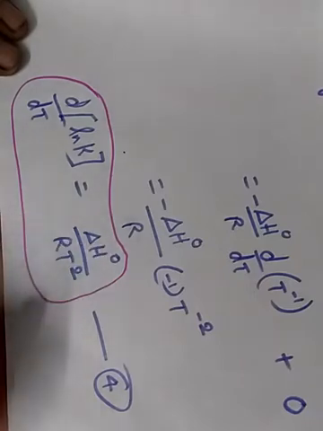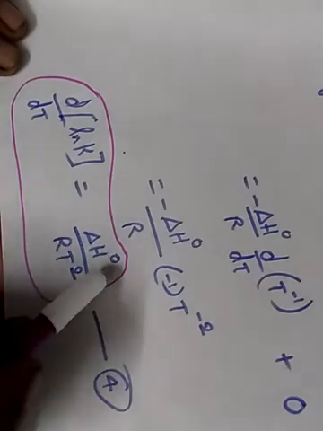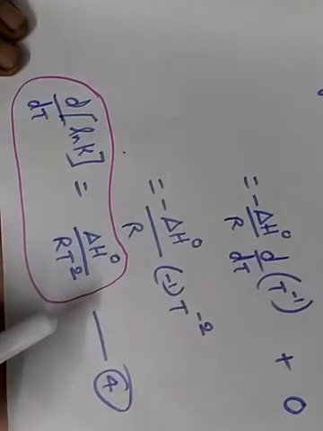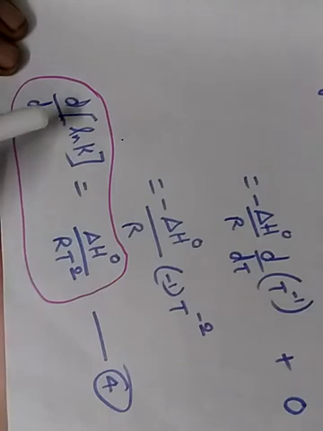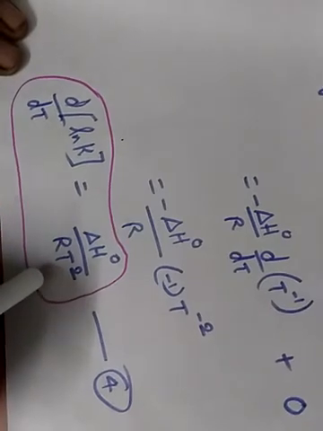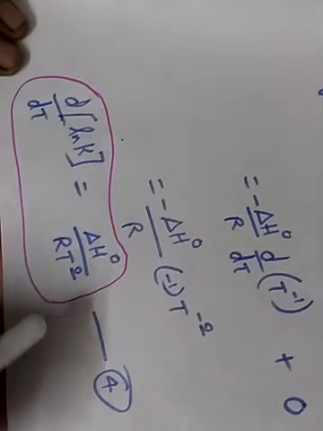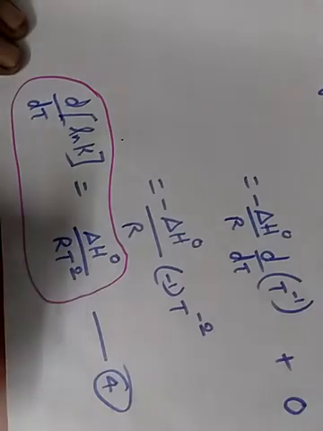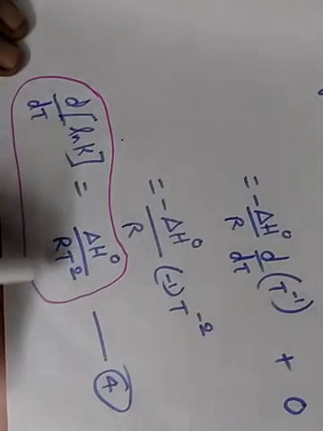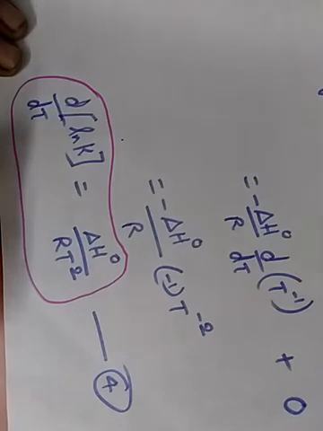So these two are constants. Now 1 by T square. So the rate of change with respect to temperature of ln K is inversely proportional to temperature square. So this is the Van't Hoff equation in differential form.